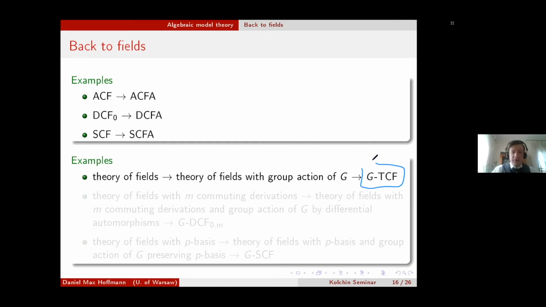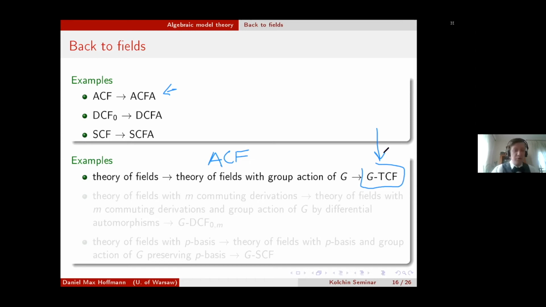And why didn't I start with ACF? Okay, I could try like here ACF and then ACFA. At the end, I will have substructures of ACF, right? My fields with group action will be subfields of some field which is algebraically closed. But if you take a finite group, then existentially closed fields with group action of your finite group are not even separably closed.